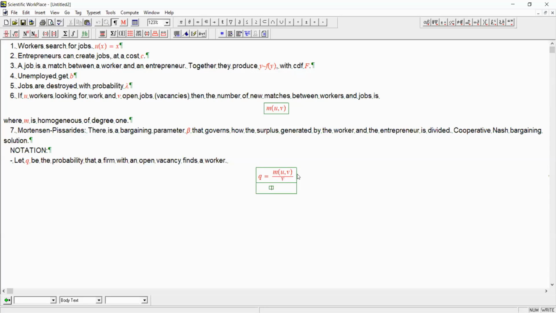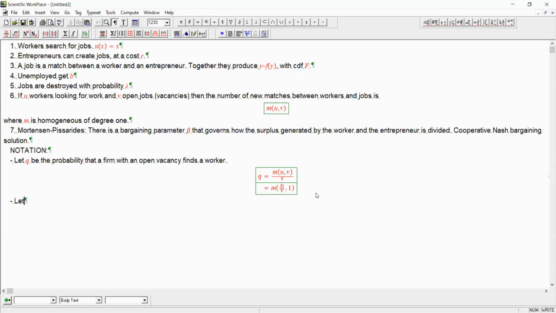And now, remembering that the matching function is homogeneous of degree 1, that means that this is the same as just the regular matching function with both its arguments divided by V, which simplifies to this. It's only a function of U over V, not of U or of V itself.